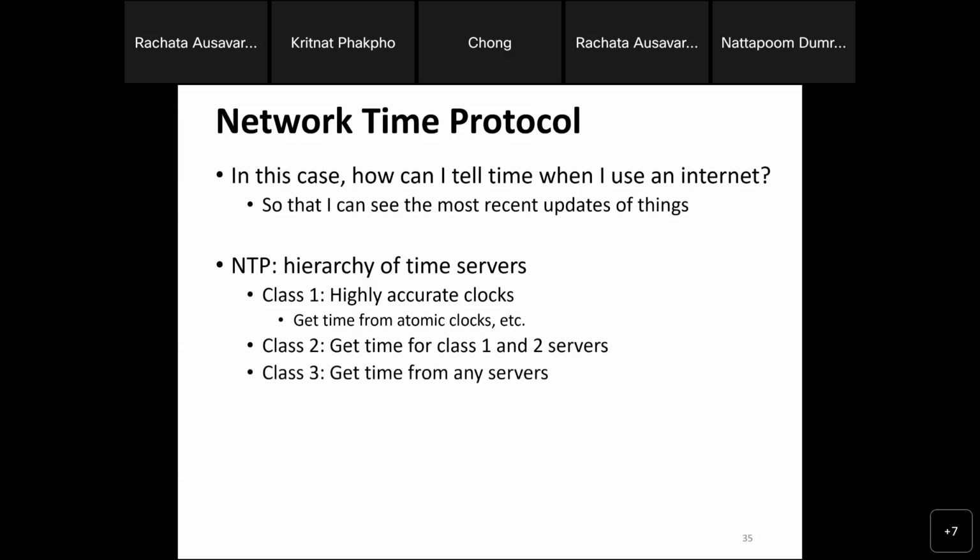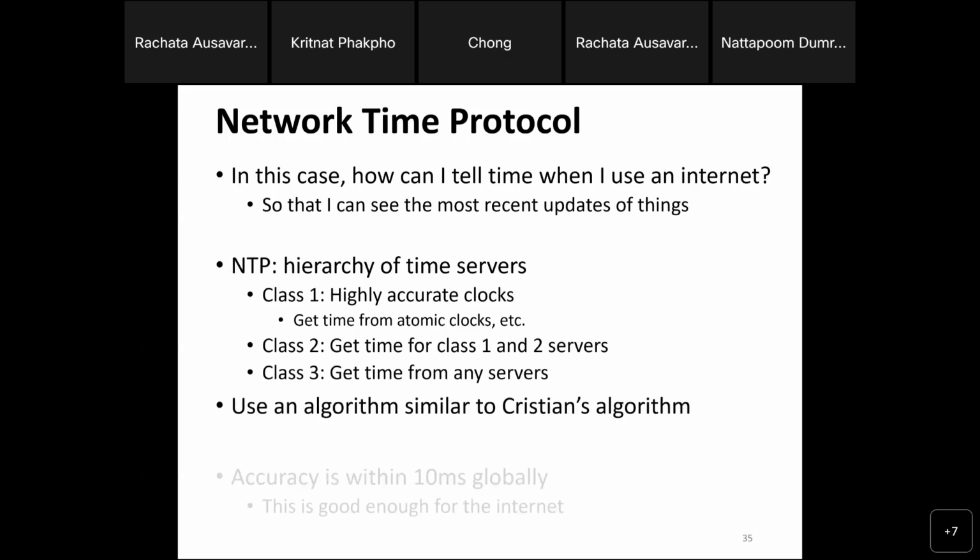Class 3 gets the time from everywhere, best effort essentially. Now we use an algorithm similar to Cristian's algorithm to calculate the approximate error using round trip time. Right now, with our internet, we are at about 10 milliseconds in terms of the approximation. So it's good enough for the internet.